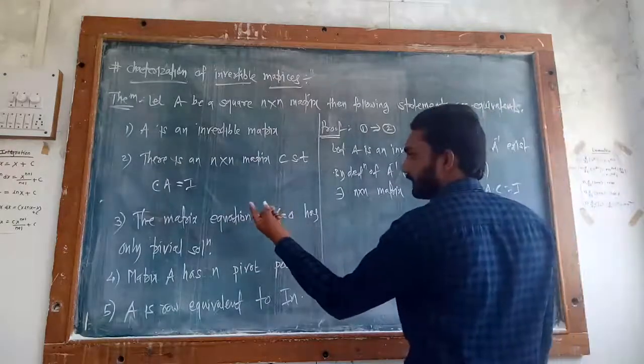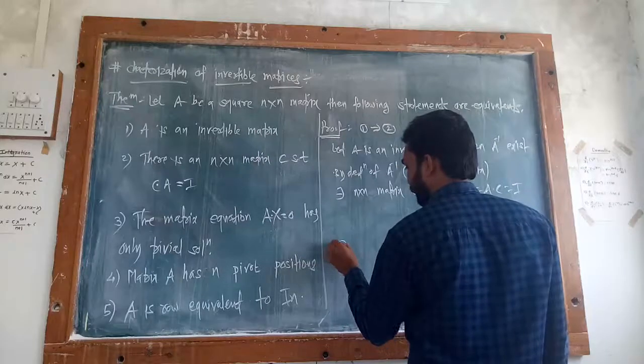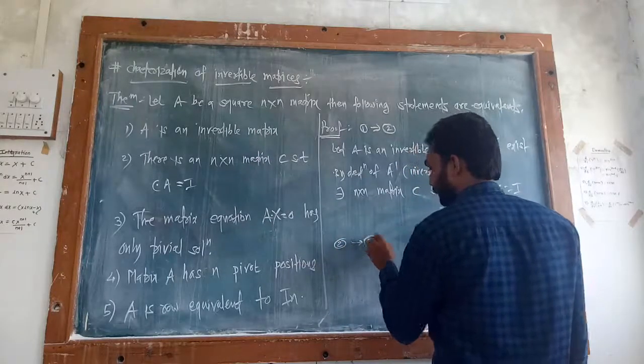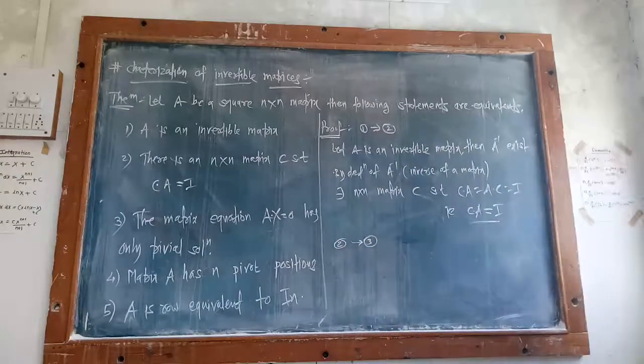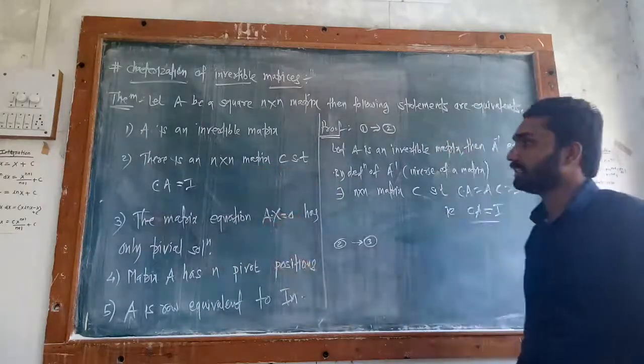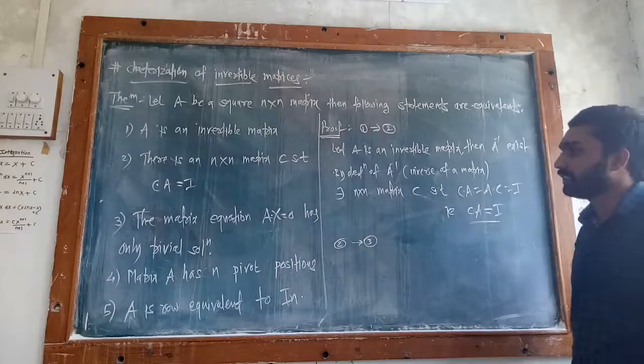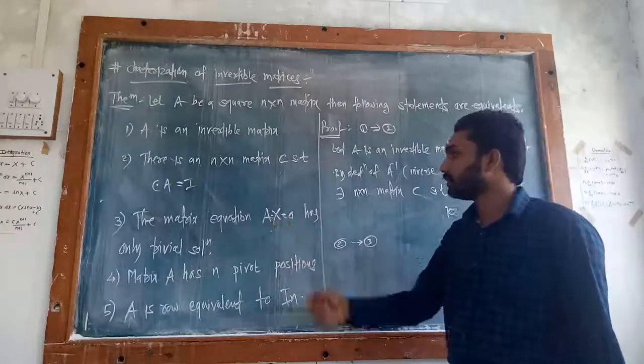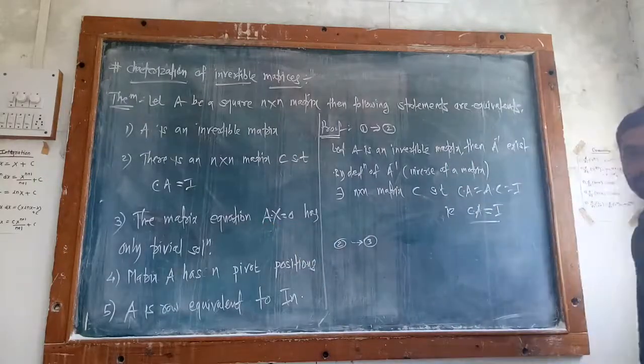Now, what is your second step? Second implies third one. What is your second one? We have to assume there exists an n cross n matrix C such that CA is identity, and show that the matrix equation Ax equal to 0 has only trivial solution.